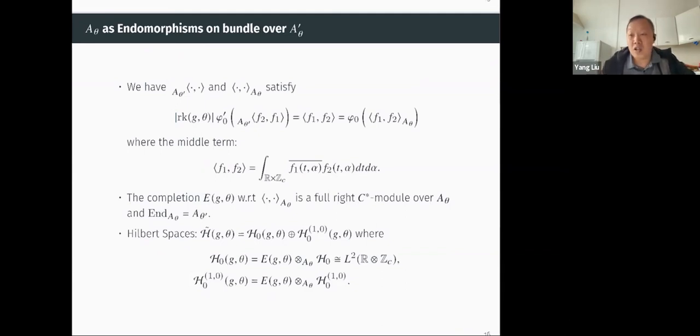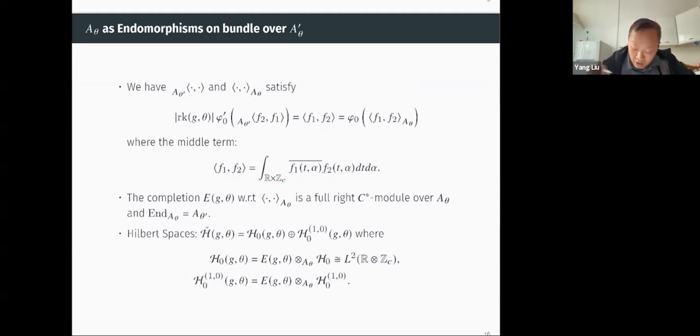In the definition of Morita equivalence, one is the inner product with values in the right algebra, so it's a bimodule over A theta. Another one is in the left algebra, A theta prime, and the middle one is the classical L2 inner product.